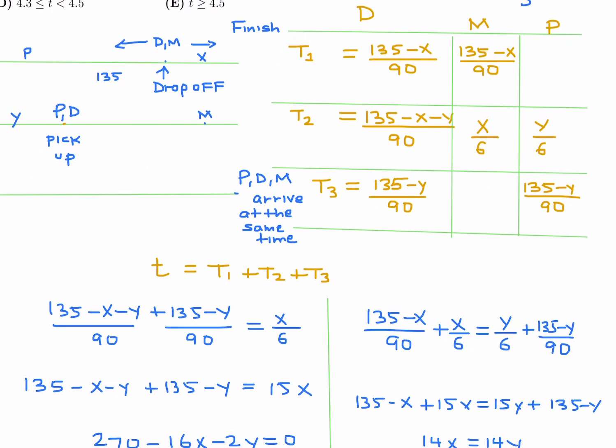Now I can figure out my times. So keeping this in mind, that T is equal to T1 plus T2 plus T3. Let's just use Dolly since Dolly has T1, T2, and T3. So that's going to be (135 - x)/90. Well, x is 15, so that's going to be 120/90.